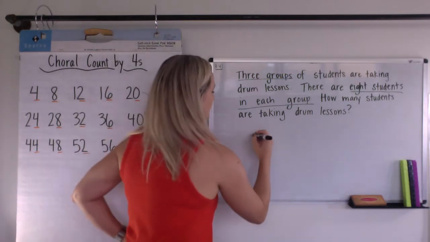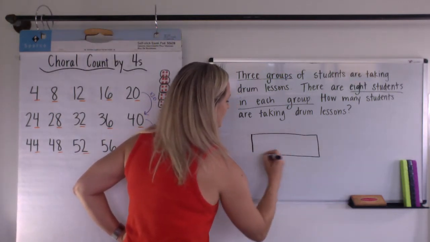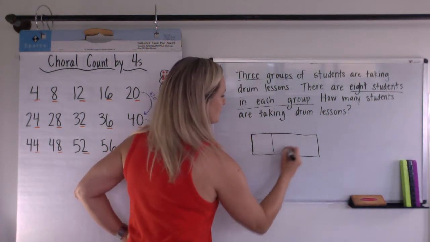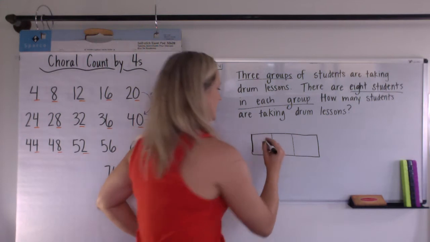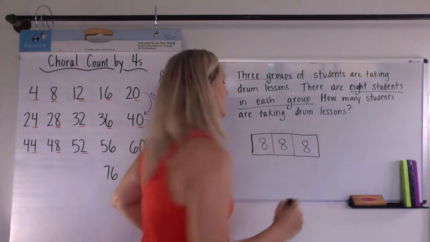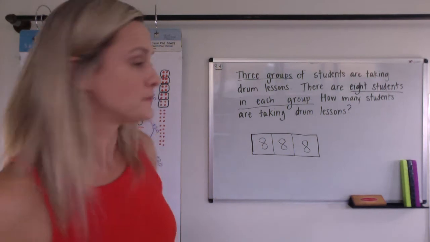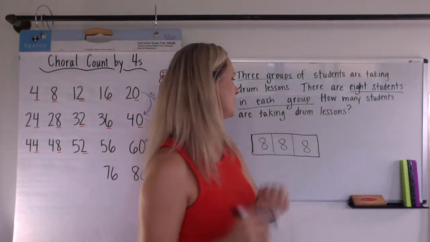I think I'm just going to do a long bar model like this and split it into 3 groups like this. And then I'll put 8 in each group. You could do that, or you could even draw it out. We're trying to figure out how many students are taking drum lessons.